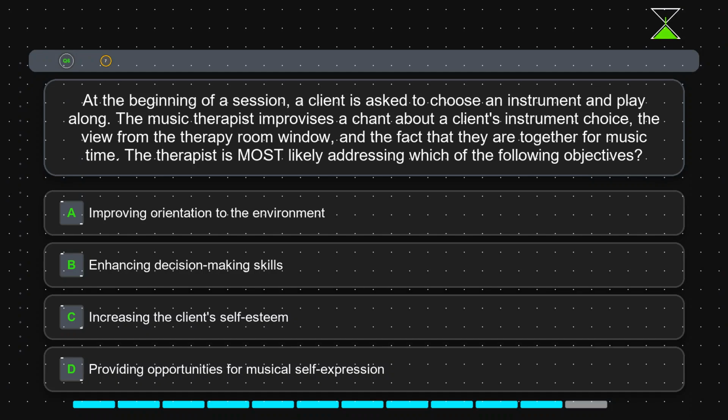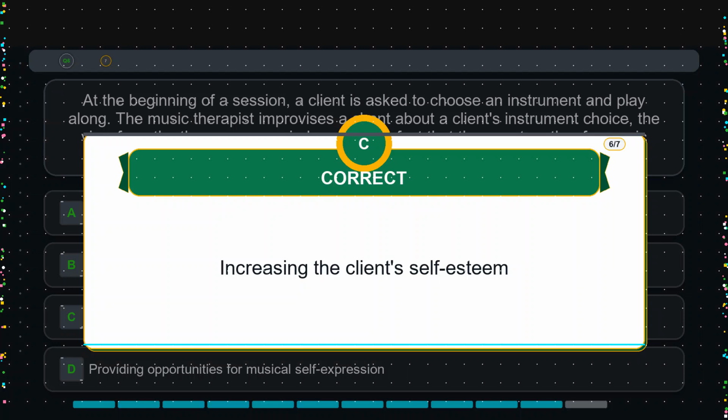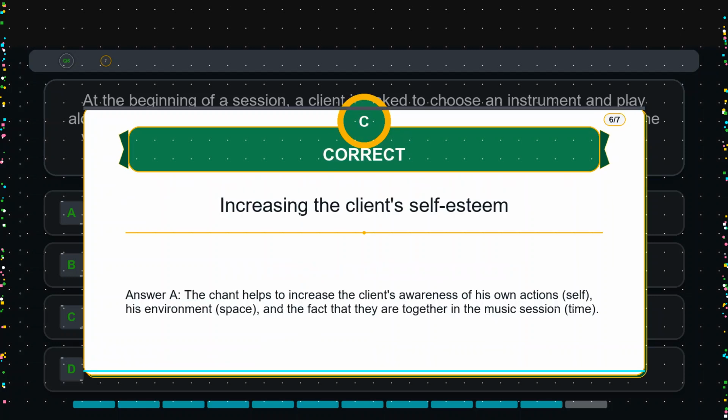Option C, increasing the client's self-esteem. Option D, providing opportunities for musical self-expression. The correct answer is Option C, increasing the client's self-esteem. Explanation. Answer A, the chant helps to increase the client's awareness of his own actions, self, his environment, space, and the fact that they are together in the music session, time.